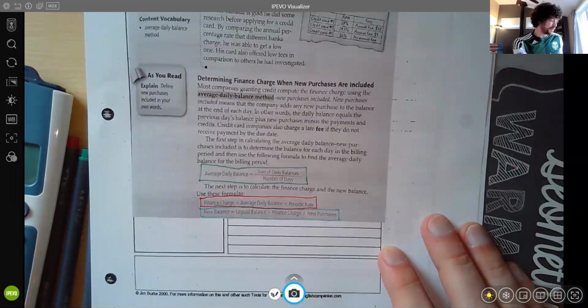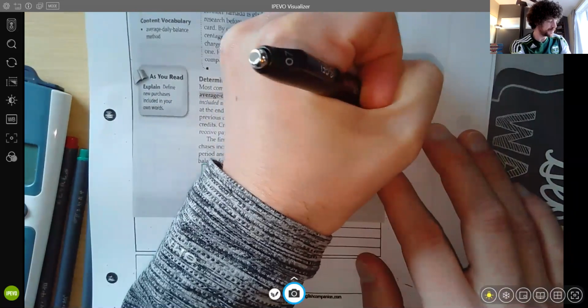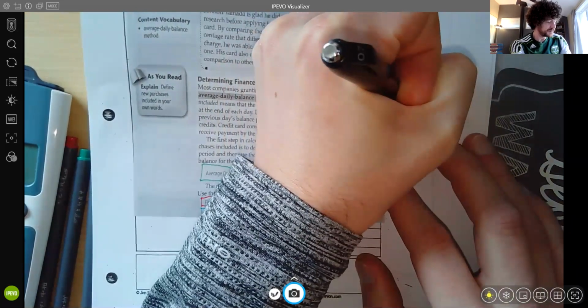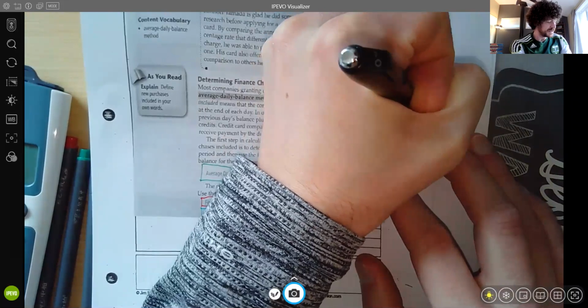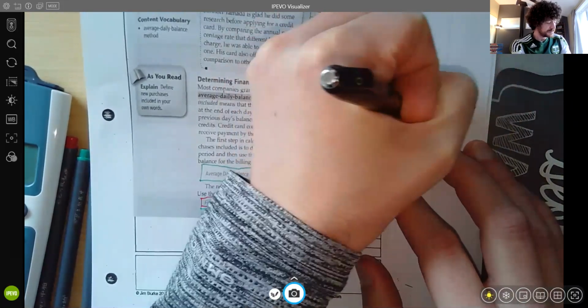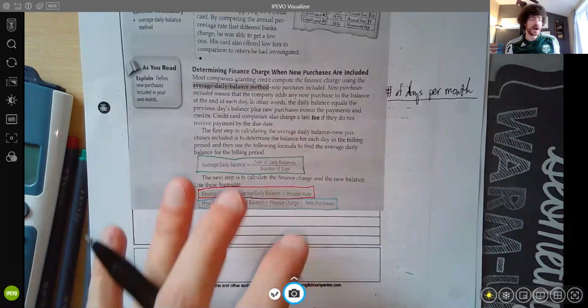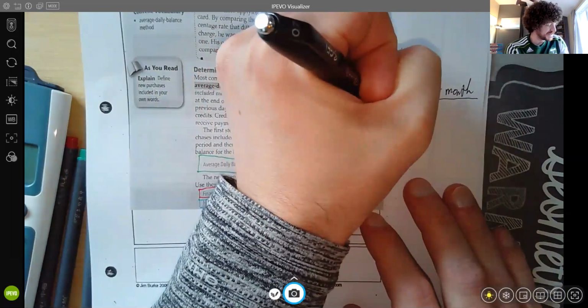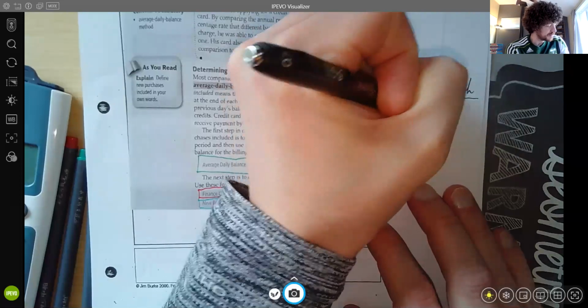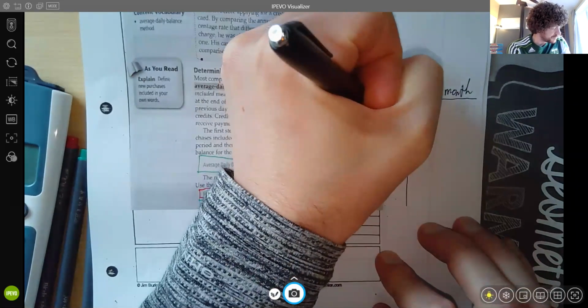So I'm just going to make a table over here, and it's going to say number of days per month, because I don't think this is something that a lot of people think about. I'm just going to type on the right hand side, January, February, all the way down, all 12 of them.